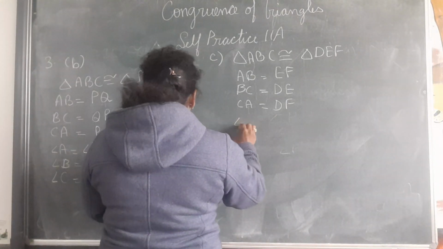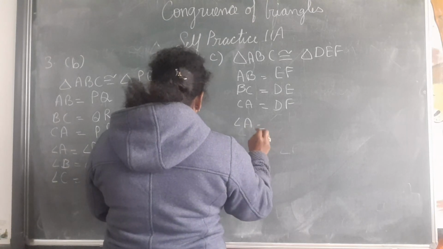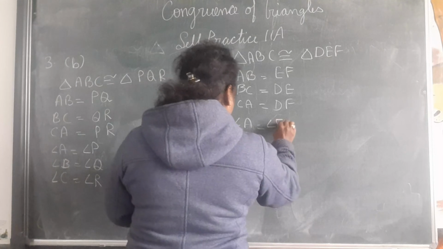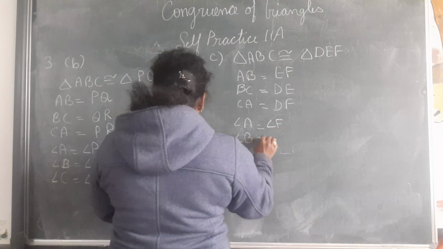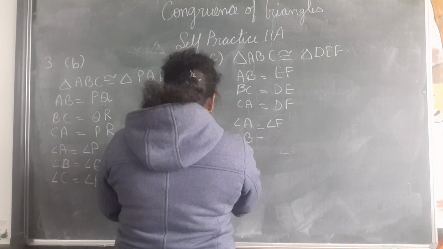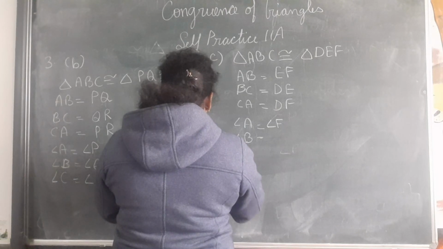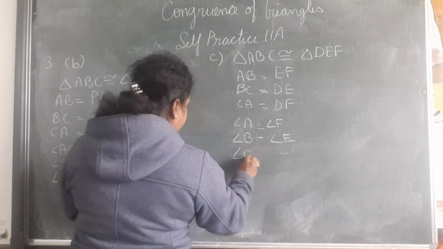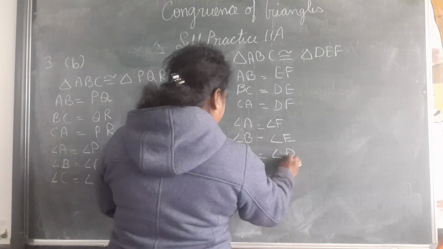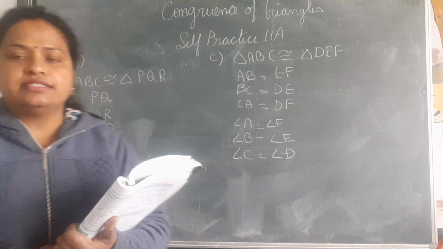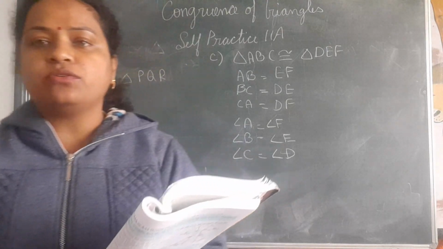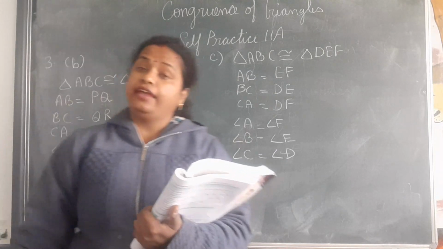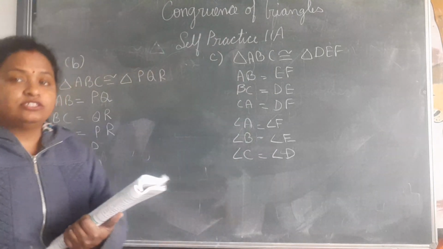Then angle A is equal to angle F, angle B is equal to angle E, and angle C is equal to angle D. This is about the two triangles which are congruent to each other. You have to see their length and their angle, then only you can solve.